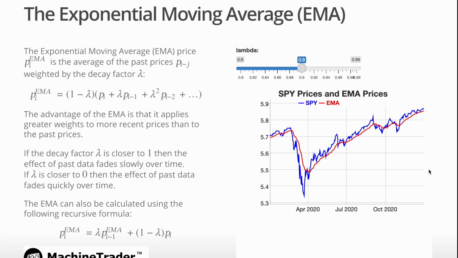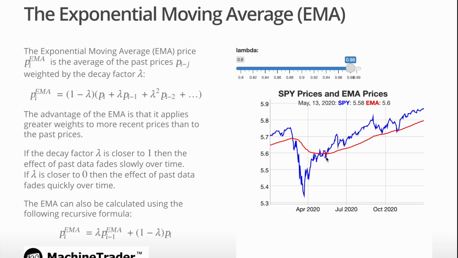So when we look at the right panel with the SPY prices and EMA, we can see that the EMA looks very similar to the SMA, and the difference is that the EMA is controlled by the lambda parameter. If we make the lambda parameter closer to 1, the EMA price is very smooth and has a lag.